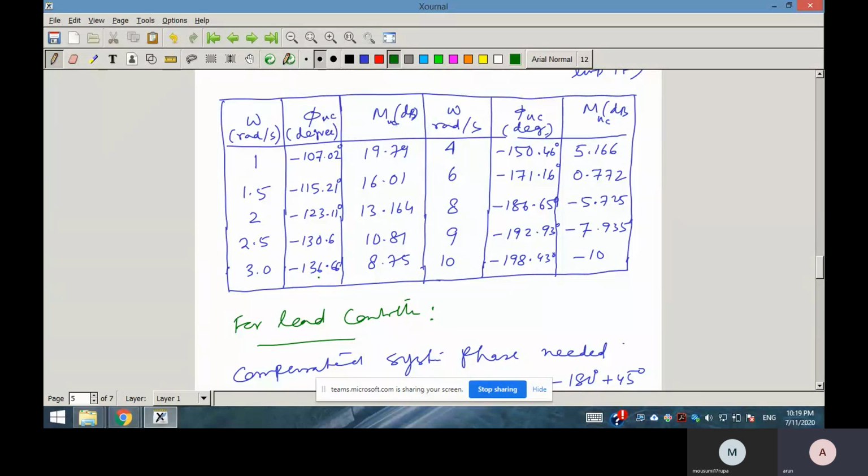From the frequency response data, you can see that MUC is positive, but phi UC is less than phi com from 3 radian per second to 6 radian per second.